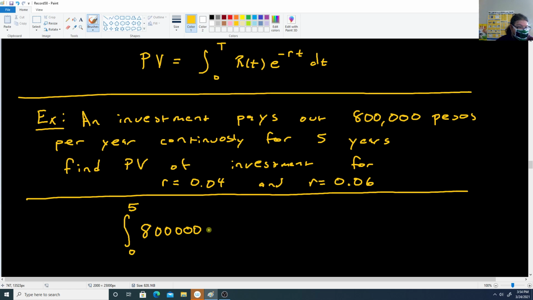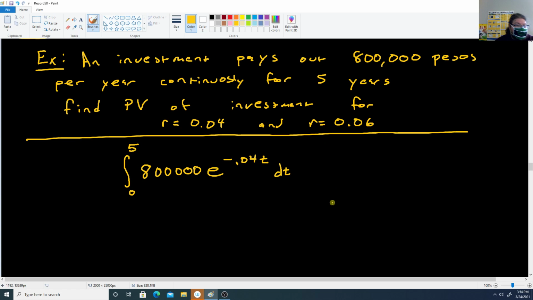We have e to the negative 0.04 t, and then this is all dt. So if we go to integrate this, we get 800,000 out front, and the integral from 0 to 5 of just e to the negative 0.04 t dt.